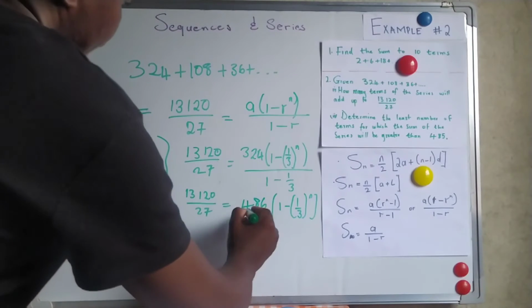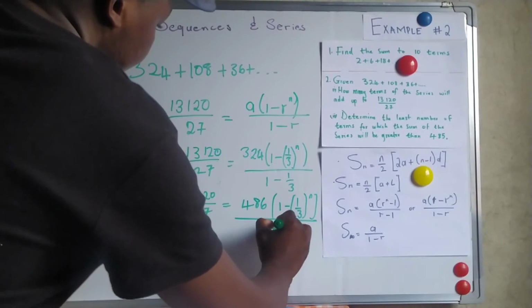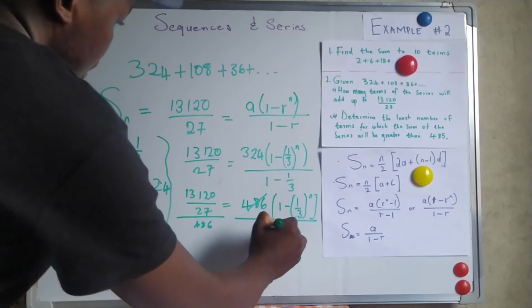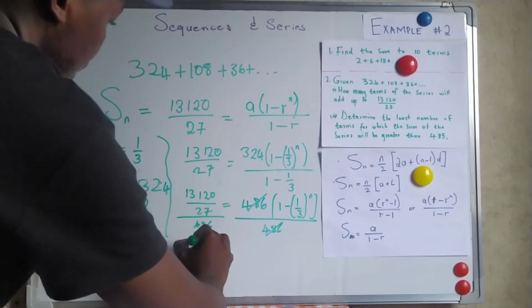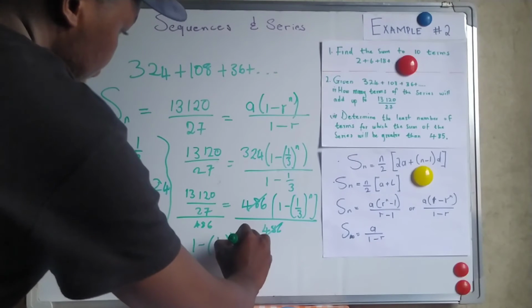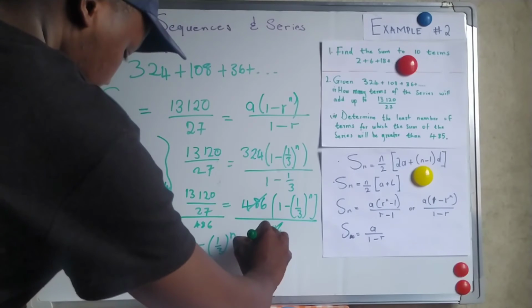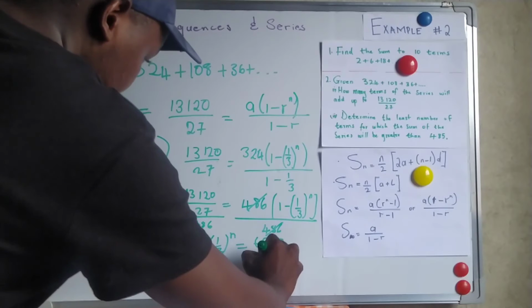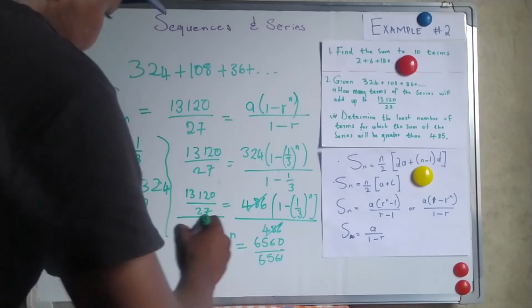Then I divide by 486 on both sides. So what I then have is 1 minus 1 over 3 to the exponent n is equal to 6,560 divided by 6,561.